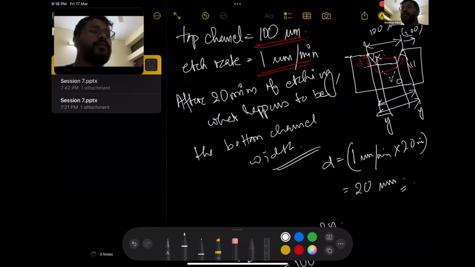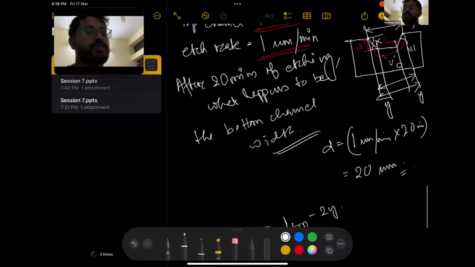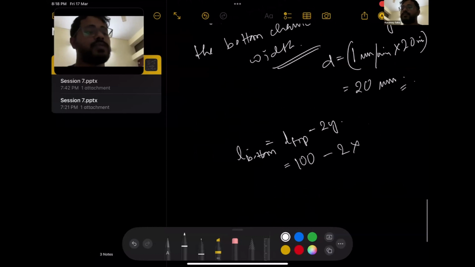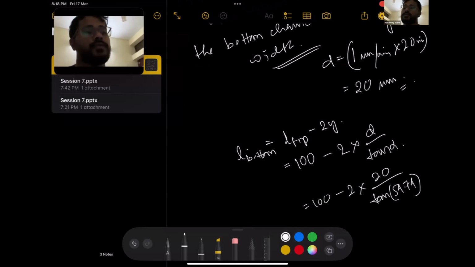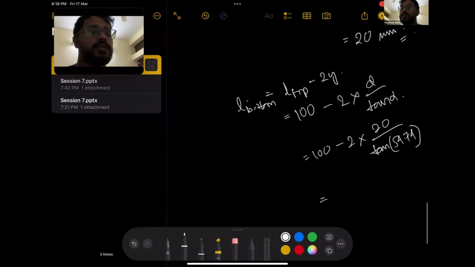This being alpha, this also becomes alpha. So you do twice D by tan alpha, with D being 20 microns and alpha being 54.74, which we found in our first question.